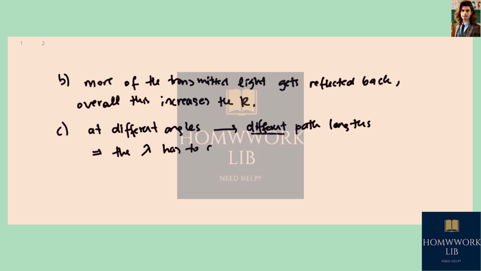The lambda that interferes constructively is the particular color that is viewed from outside. So the reason for that is because we have different path lengths at different angles. So of course, it's going to affect the lambda that is viewed.